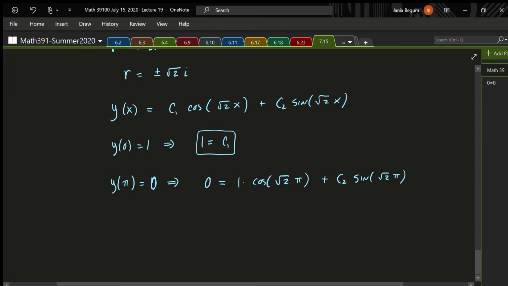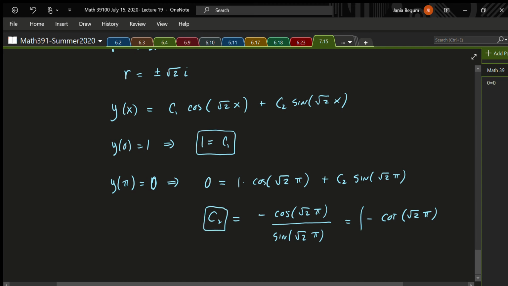So c2 is equal to negative cosine of square root of 2 pi over sine of square root of 2 pi. Because they have the same argument, you can use another trig function to rewrite this. Cosine over sine is just cotangent of square root of 2 pi. Keep the argument. So c2 happens to be this constant right here.